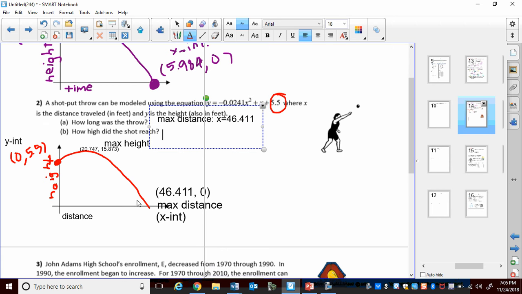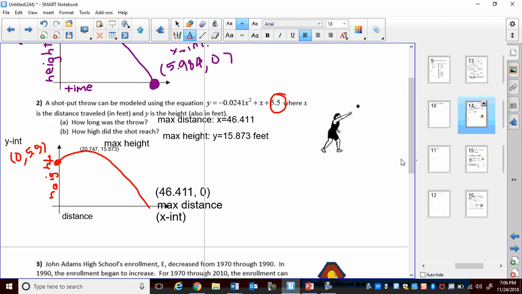Now the height of the shot, the maximum height of the shot is the y value. So y equals 15.873. And it's in feet. Both of these are in units of feet.